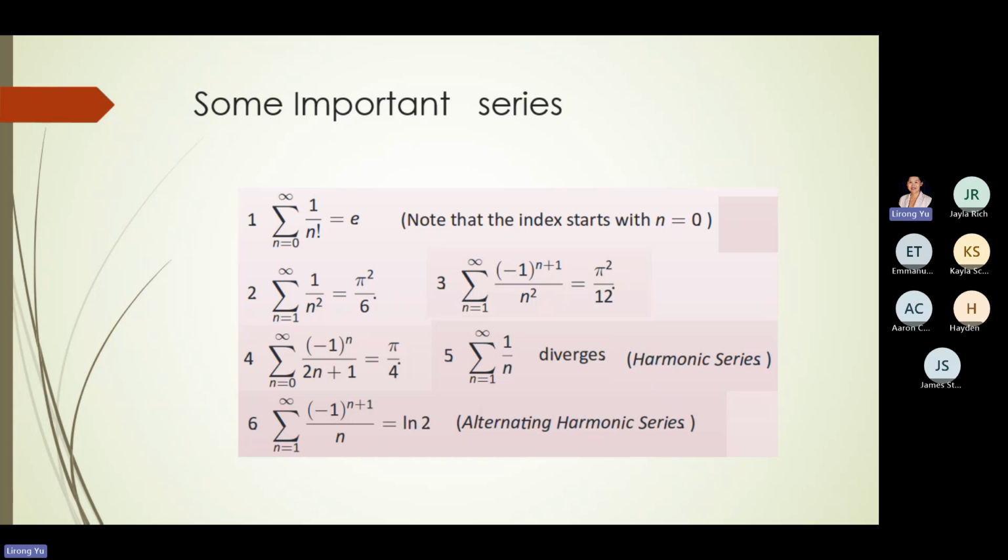I think we already mentioned that e can be defined by a limit: e equals the limit of 1 plus 1 over n to the power n as n goes to infinity. So we can define the number e with a limit calculation.